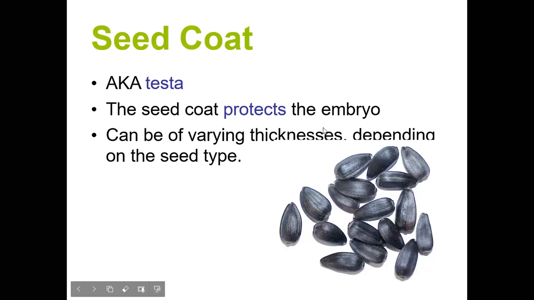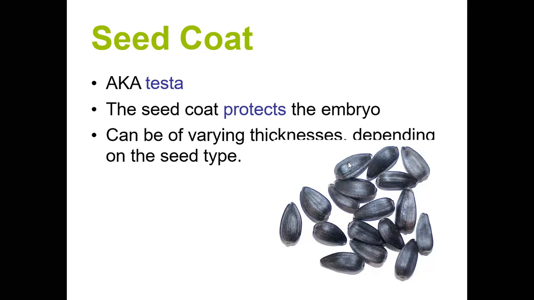Seed coat protects the embryo. Inside the seed coat, there is the embryo, and the embryo is protected by the seed coat. According to the types of seeds, seed coats are of different thickness. Some are a very thin layer, some a very thick layer.